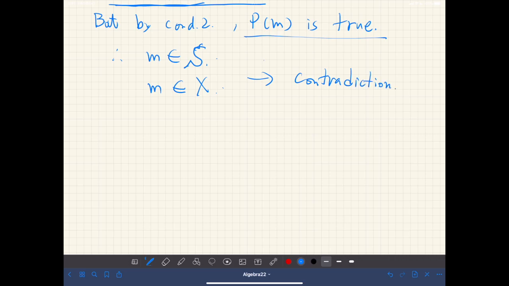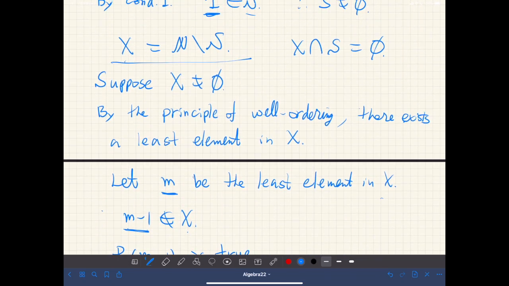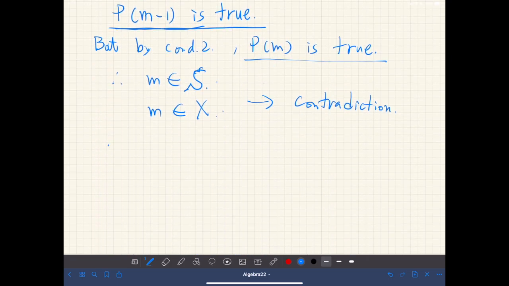So our assumption was wrong. And here our assumption is this: X was non-empty. Therefore, X is empty. Therefore, S is equal to the whole set of natural numbers.